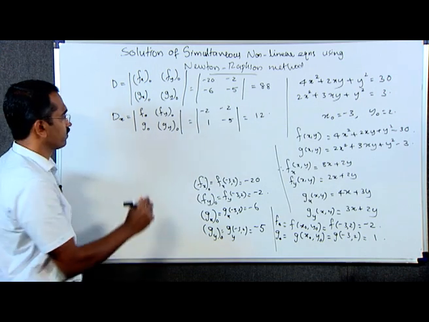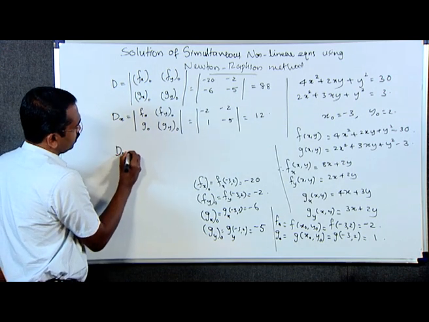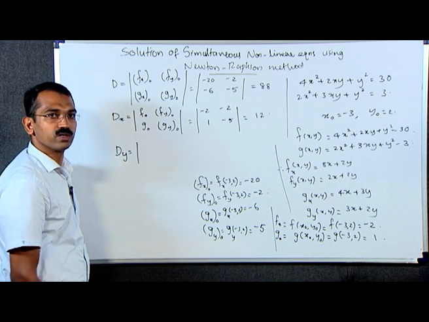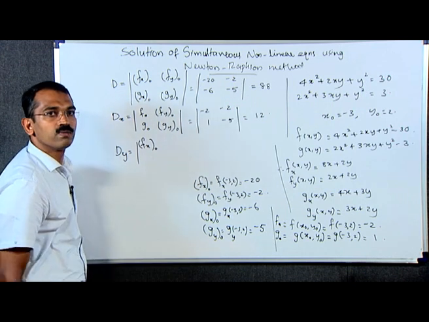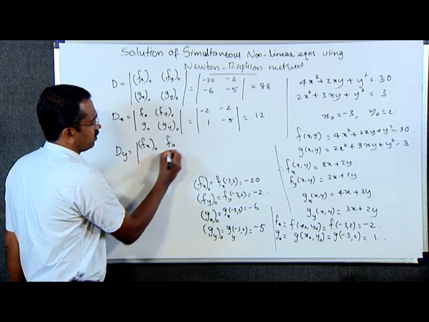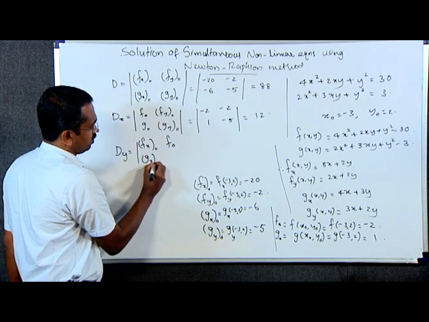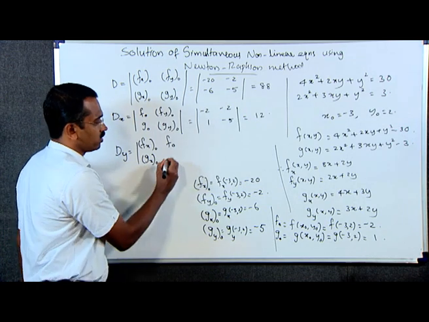and dy is equal to determinant of f x naught, f naught, g x naught and g naught.